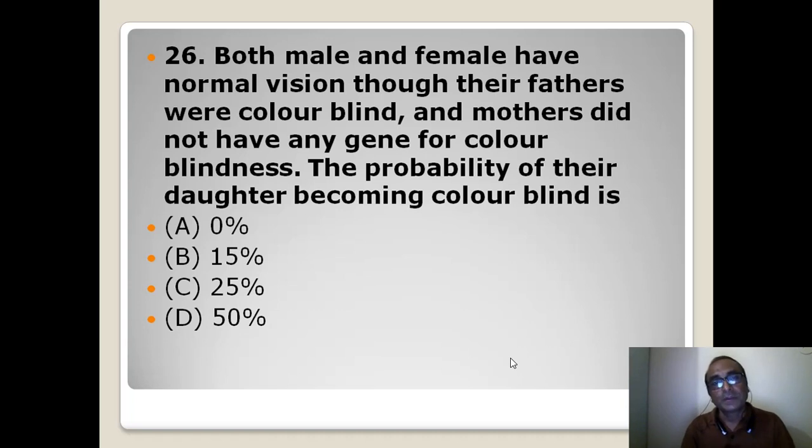The probability of their daughters becoming colorblind is: A 0%, B 15%, C 25%, D 50%. So here the right answer will be 0%, because the gene of the color blindness will be passed on from the father to the daughter.